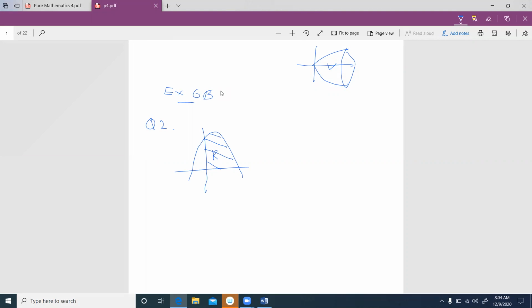The curve given here is y equals 5 plus 4x minus x squared. The finite region R is bounded by the curve, the x-axis, and the y-axis. The region is rotated through 2 pi degrees about the x-axis to generate a solid of revolution. Find the exact volume of the solid generated.